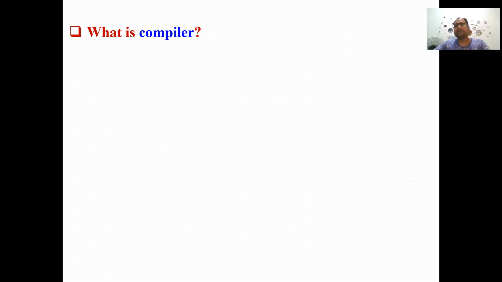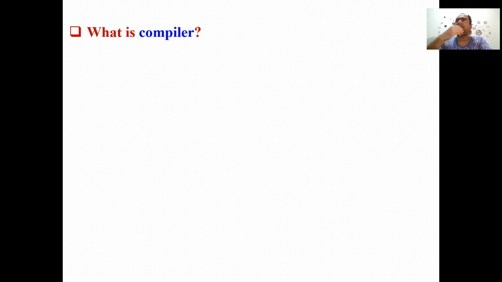Exactly. Like in real life, if you have three persons, one is Chinese, one is Japanese, and one is from Bangladesh, we can understand each other with English, because English is an international language. But if we talk the local language, then we will not understand each other, right? So we need a translator. So compiler is such a translator.